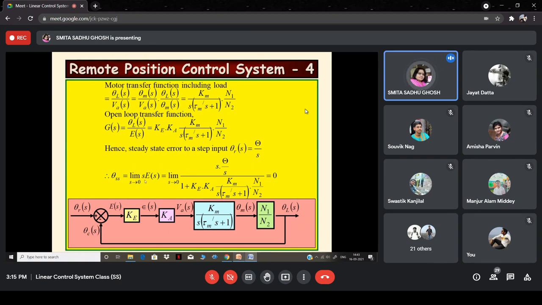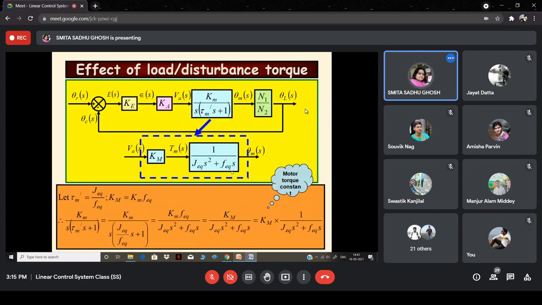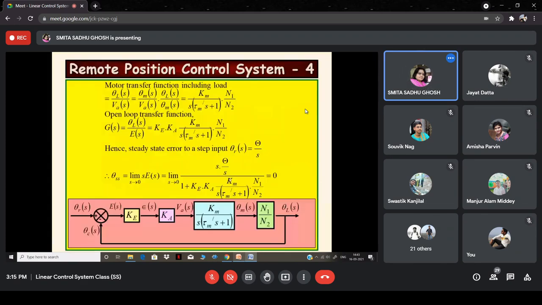So the limit of s E(s) as s tends to 0 would be equal to the limit of s into R(s), which means theta r(s), which is theta by s. So s into the input signal is what we find over there by 1 plus G(s). This G(s) has been put directly from there. Evaluating this, you find s and s cancel out.